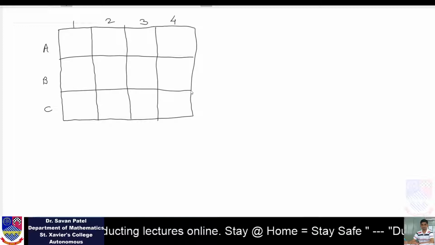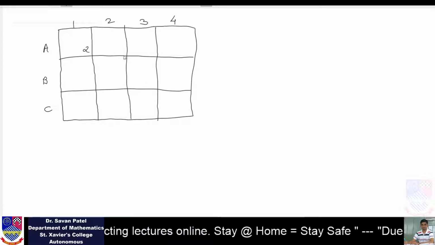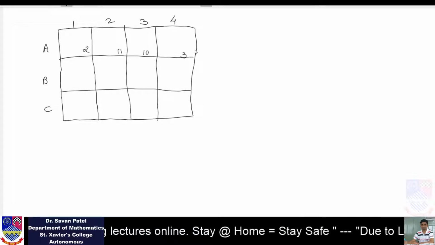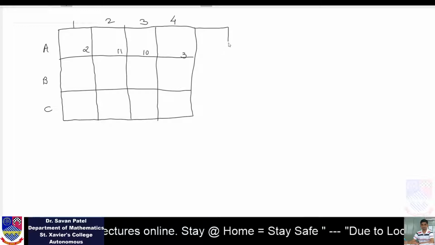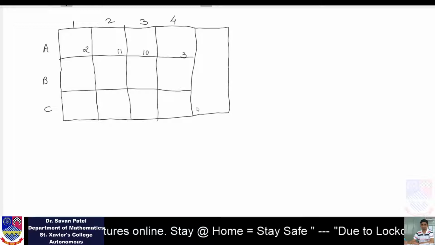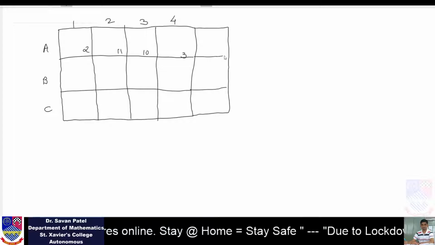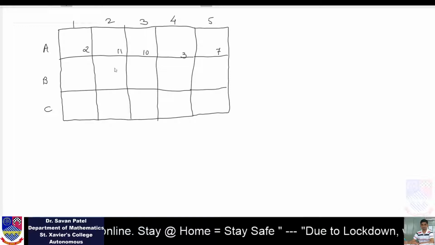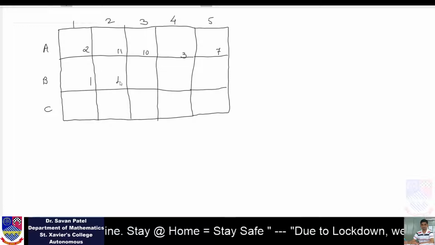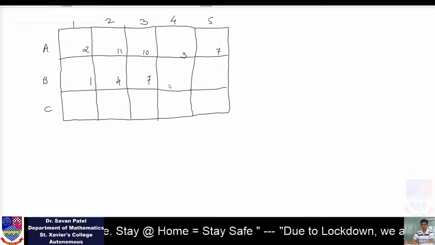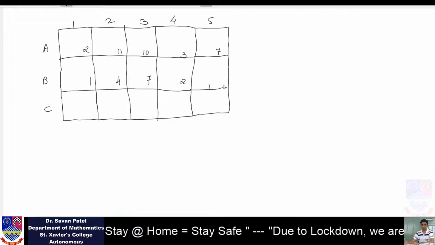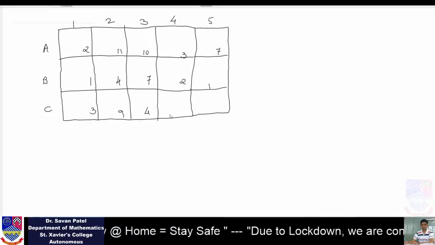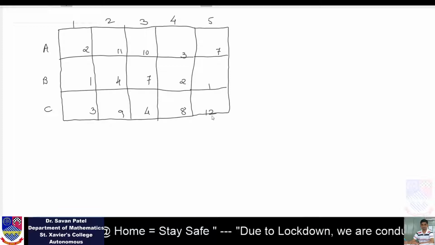So this is the cost table. Values are 2, 11, 10, 3. Oh, sorry, there is one more: 5, and their cost is 7. Then here 1, 4, 7, 2, and 1. Here transportation costs are 3, 9, 4, 8, and 12.